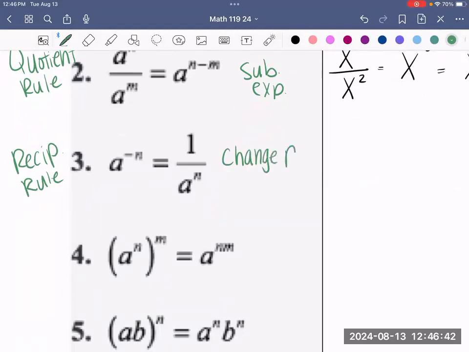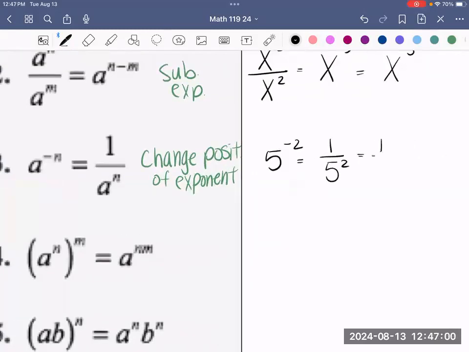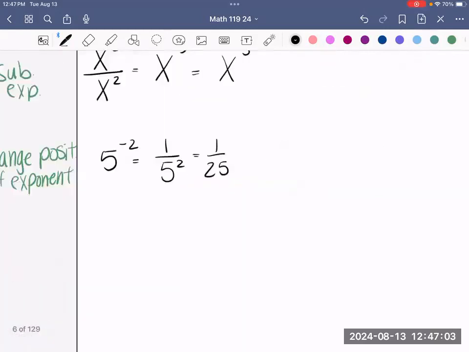So if we had 5 to the negative 2, then we would drop that exponent, make it positive, and clean it up. The same goes for if you see it in the denominator, negative 3rd. So raise it up and then clean it up.